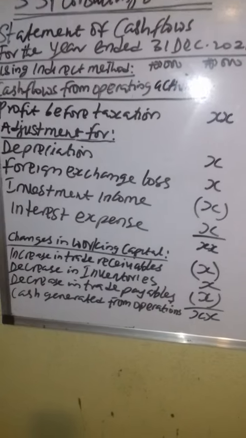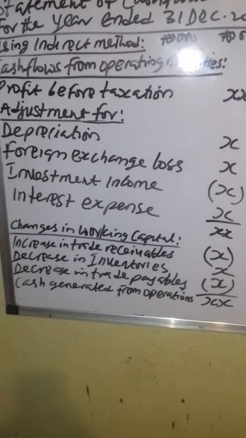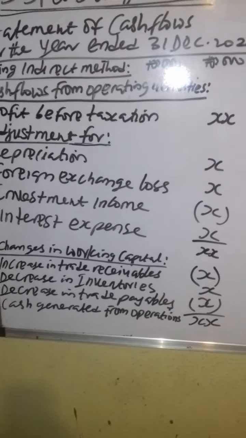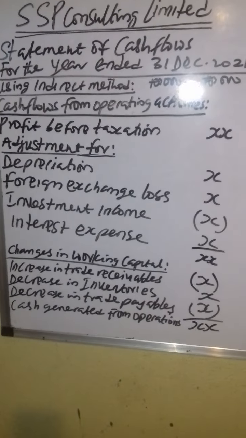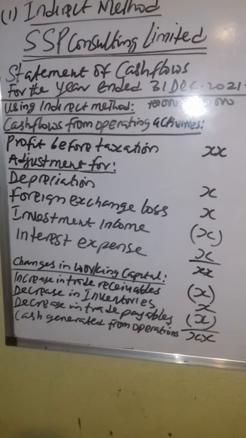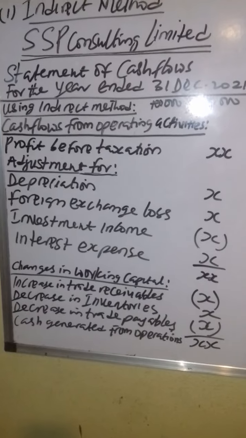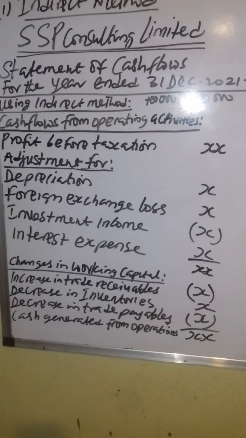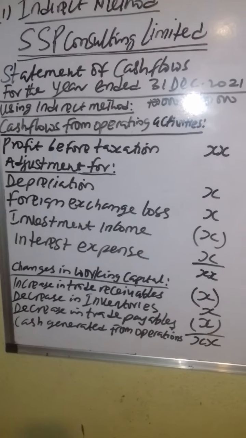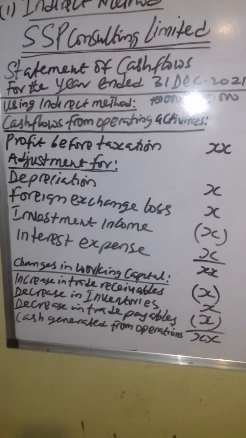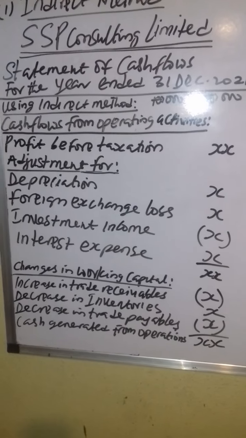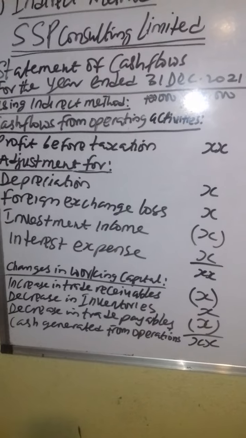We have changes in working capital, which include increase or decrease in trade receivables and other receivables. If the receivable increases, automatically there's an outflow of funds. Decrease in inventory. If inventory decreases, there's an inflow, but if it increases, it is an outflow. Now listen very well.